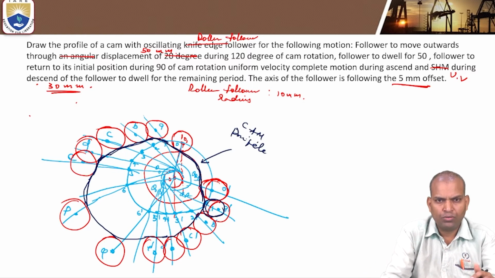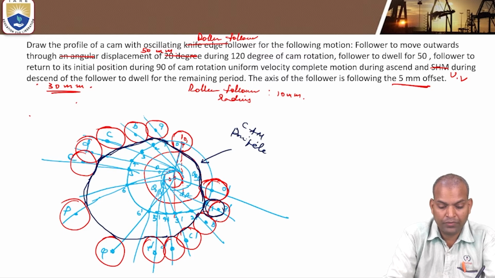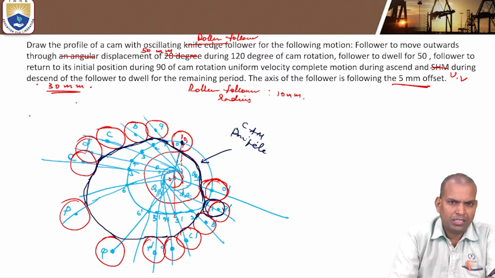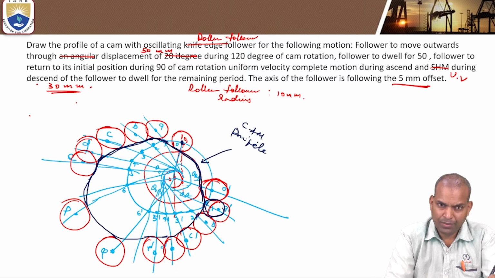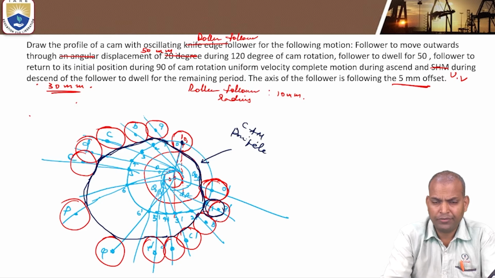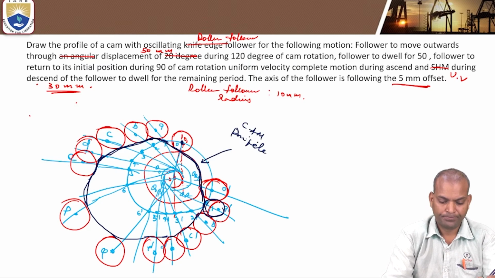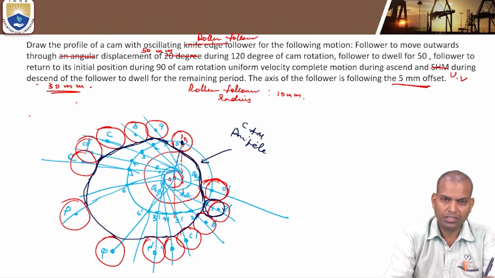So there is no knife edge. In the case of a knife edge follower, the contact point is the tracing point, whereas in the case of a roller follower, the center of the roller is the tracing point. That tracing point helps to draw the cam profile. So the tracing point of the roller is so important in order to draw the profile of a cam.